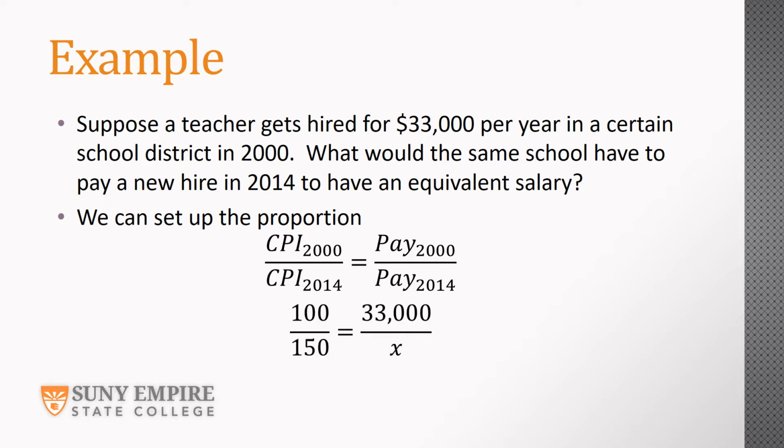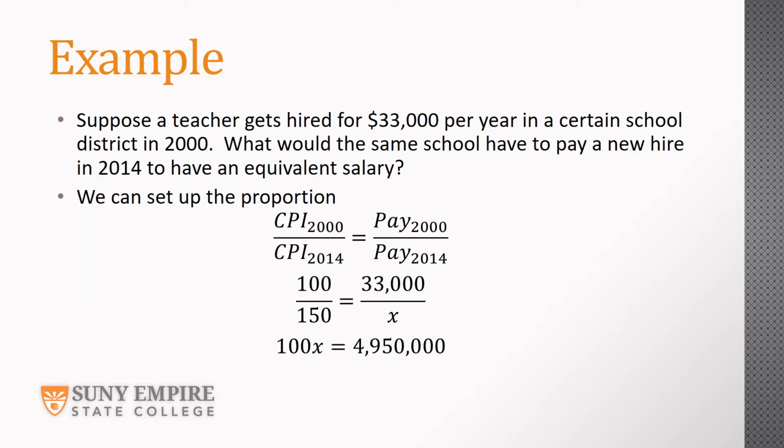We know from the earlier example that the CPI in the year 2000 was 100, and the CPI in 2014 was 150. The pay in 2000 was 33,000. We do not know the pay in 2014, so we will call that X. To solve, we cross multiply.